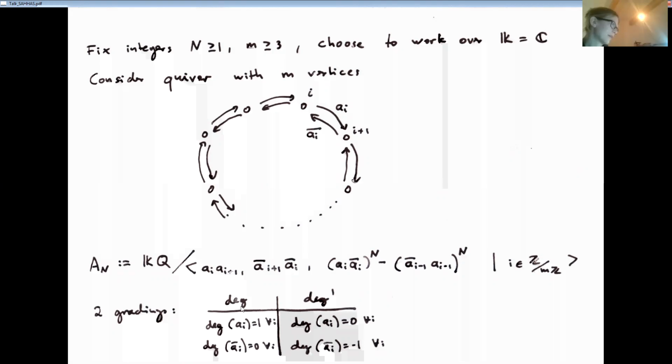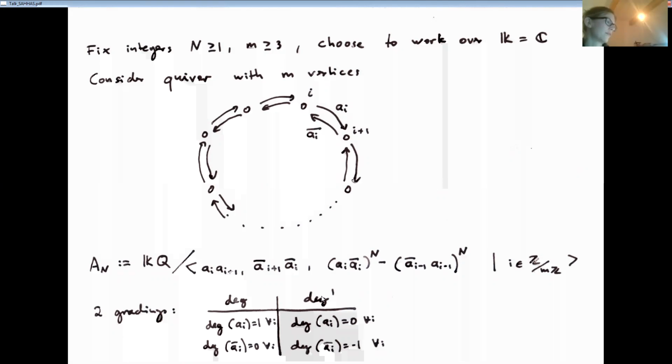And there are 2 interesting gradings for us. One of them is by assigning to the arrows in the clockwise direction the degree 1, and 0 to those arrows going in the other direction.